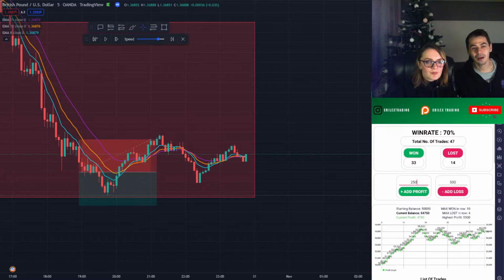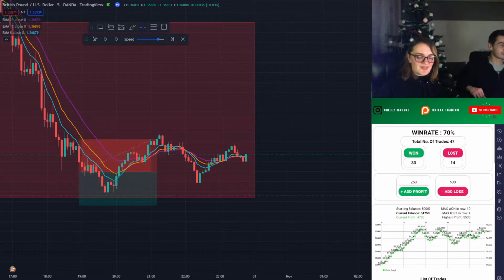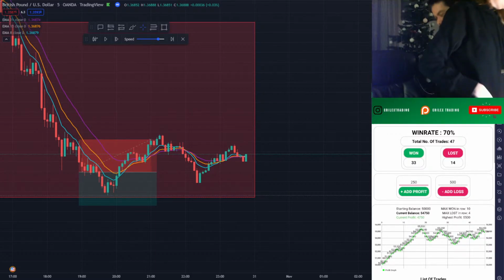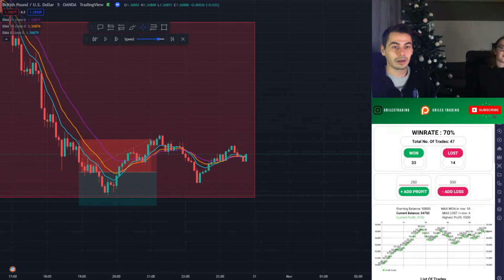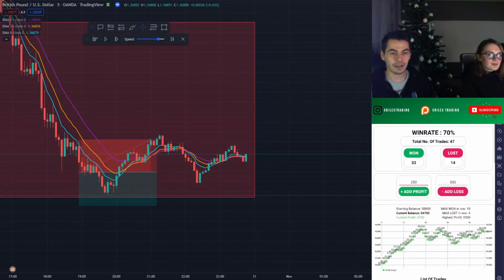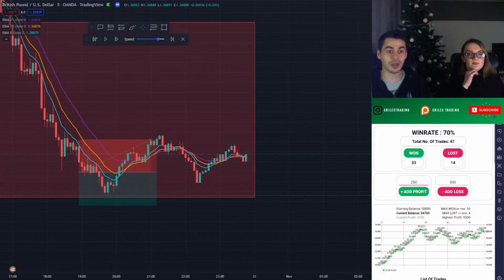Okay, now let's show the Excel spreadsheet as well. Okay, so we finished the backtesting of October on the GBP/USD. These are the stats provided by the Trading Rush app.